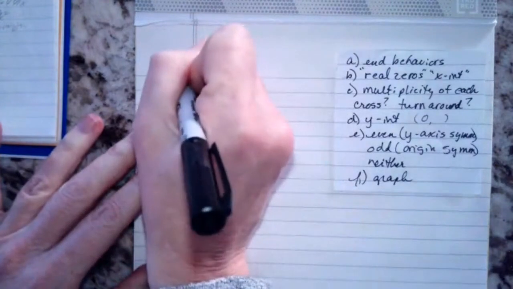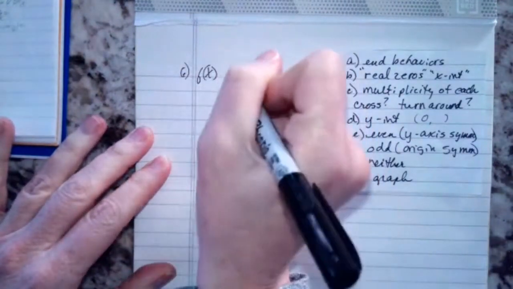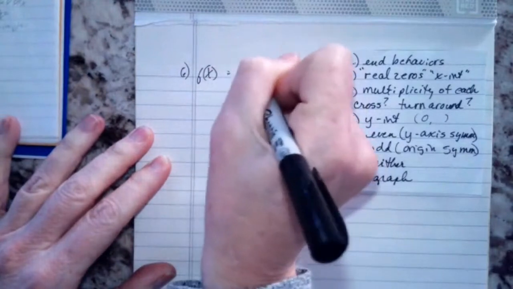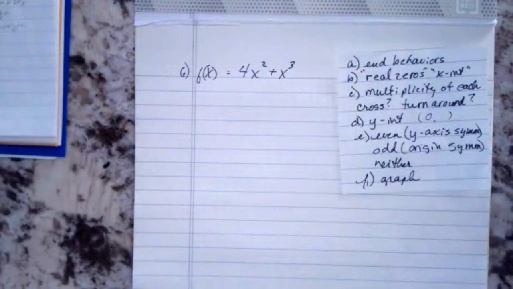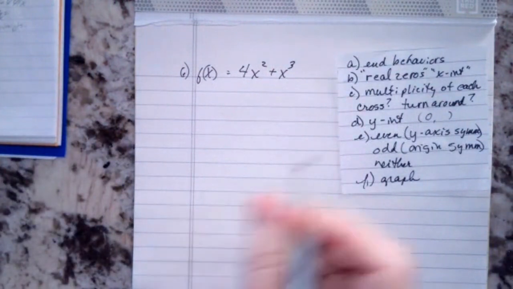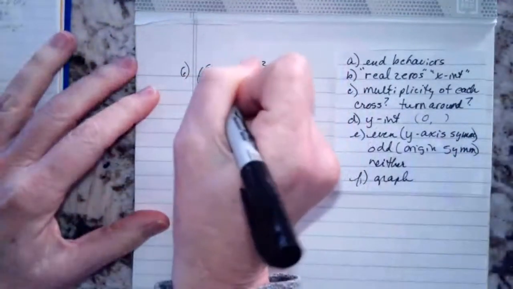Okay, let's see. Number 6, f of x equals 4x squared plus x to the third. This is in the wrong order. Let's get it in the right order.